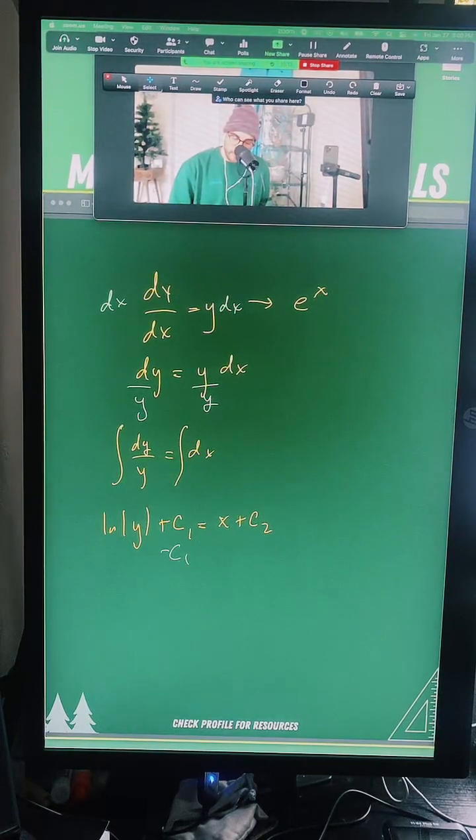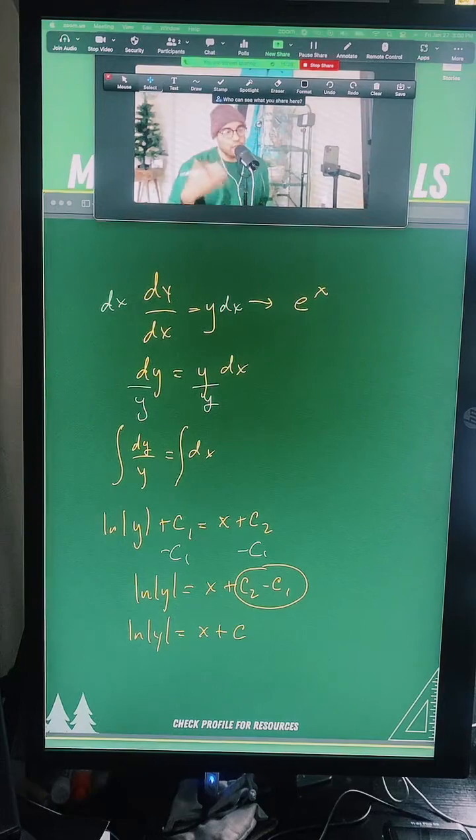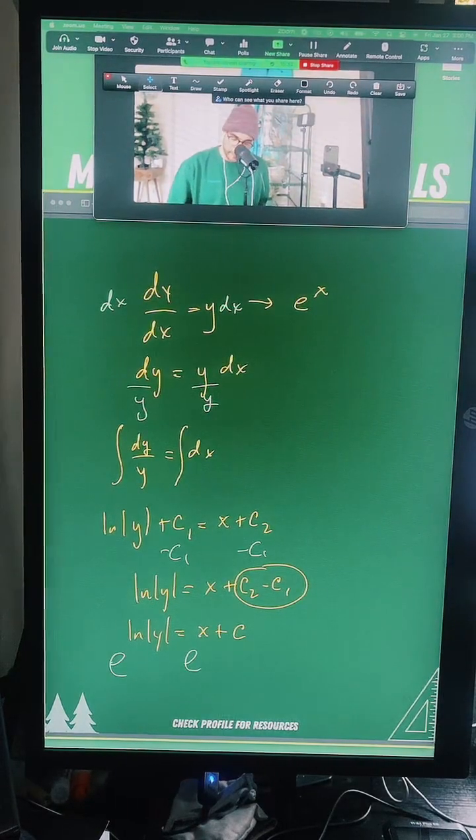Then we're going to subtract the c1 to the other side. So we're really left with natural log of y equals x plus c2 minus c1. But this c2 minus c1 is just one constant on its own, so I'm just going to do x plus c. And now to isolate the y variable, I'm going to take the e to both sides. And this becomes y equals e to the x plus c.